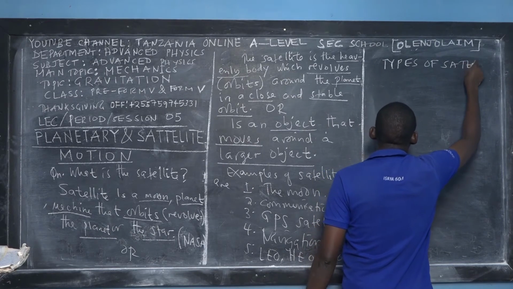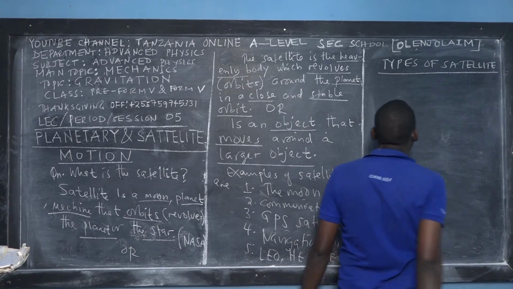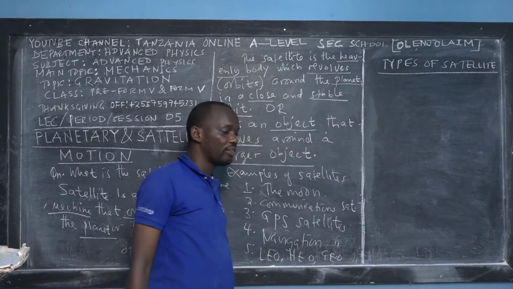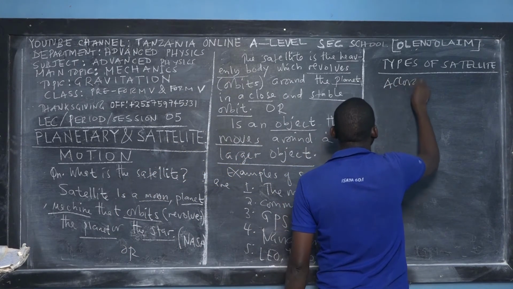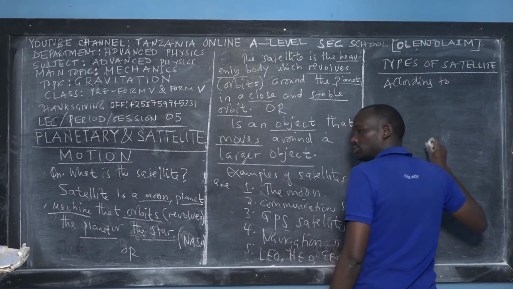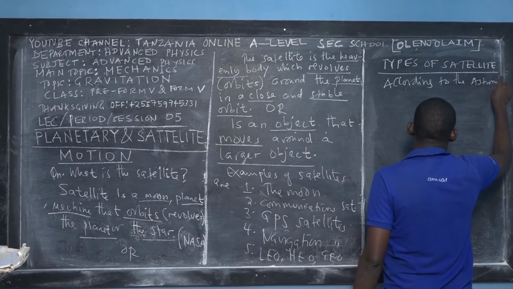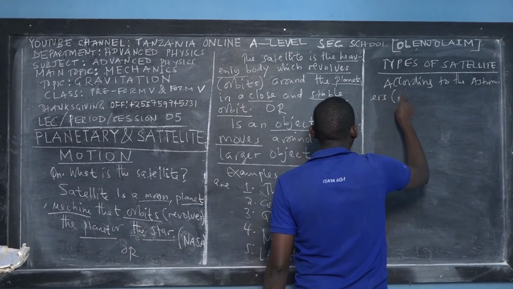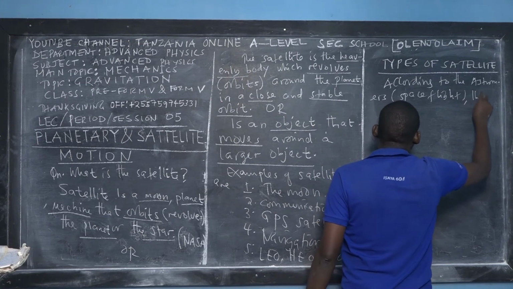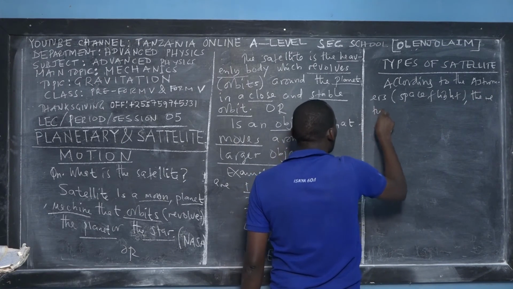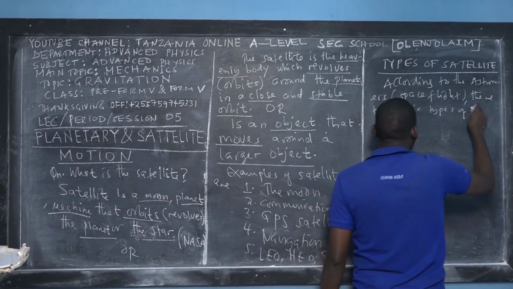We have defined satellites in general, but in order to understand satellite motions, it's better for us to know the types of satellites first and to categorize them. So, according to the astronomers, or sometimes we call them space flight, right? There are two main types of satellites.